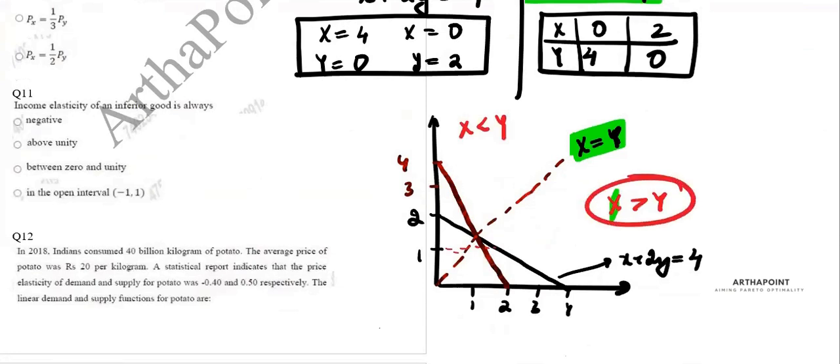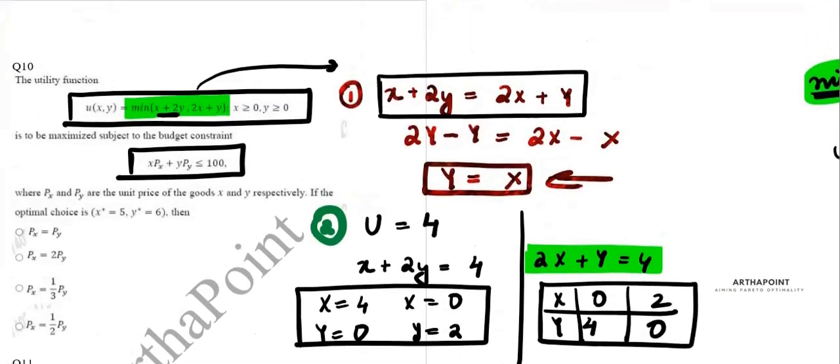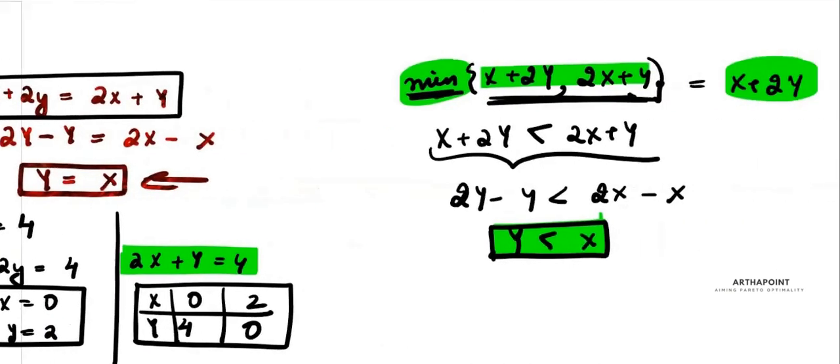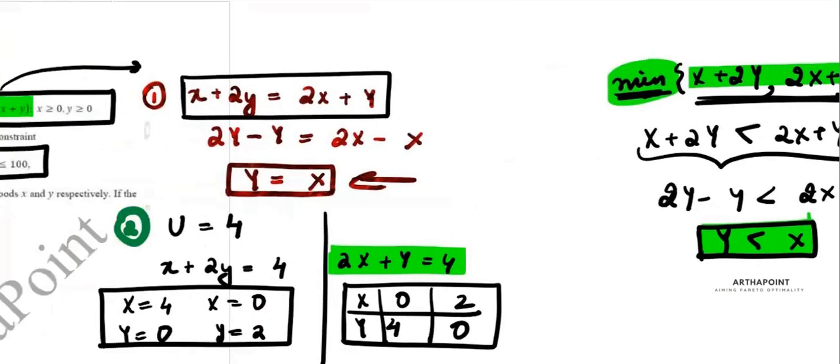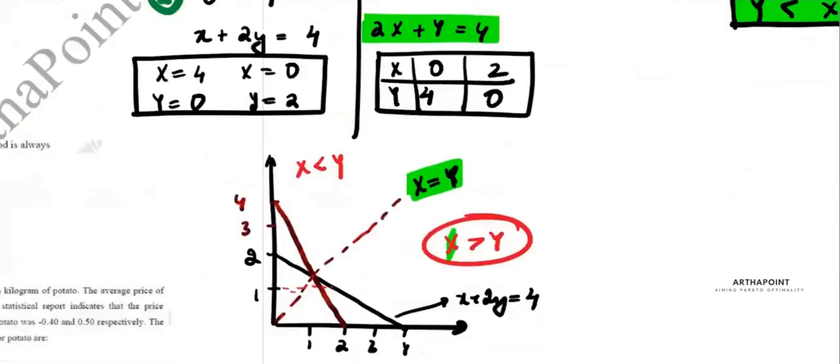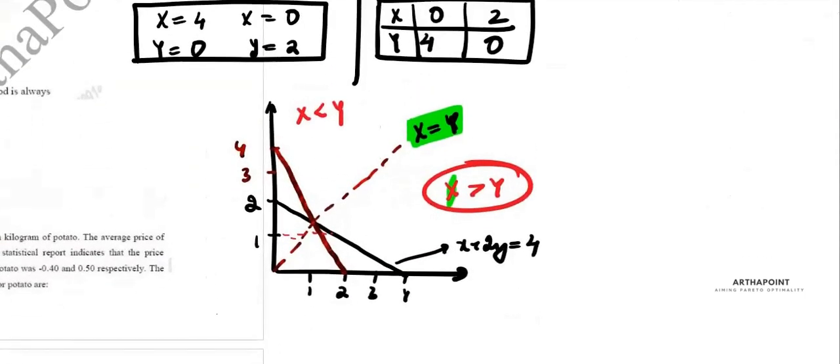And when x is greater than y, the minimum of the two is x plus 2y, which is this equation. So I will just remove this part. Similarly, in x less than y, you will get the other equation. So this will be your final indifference curve.